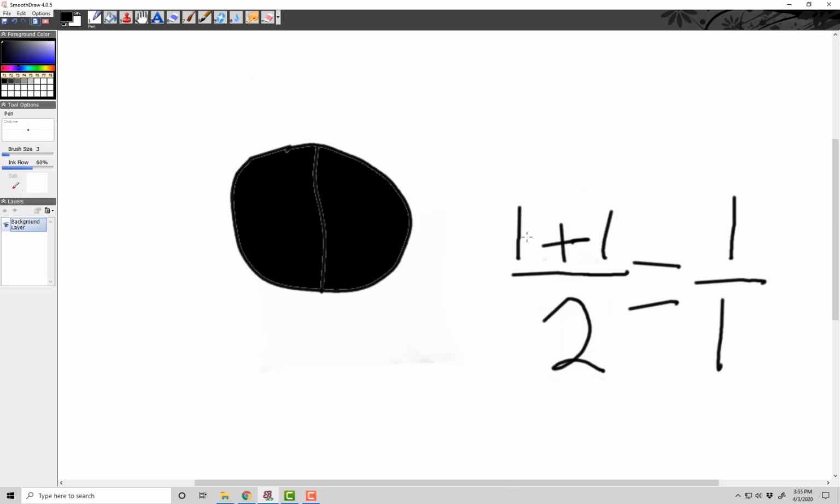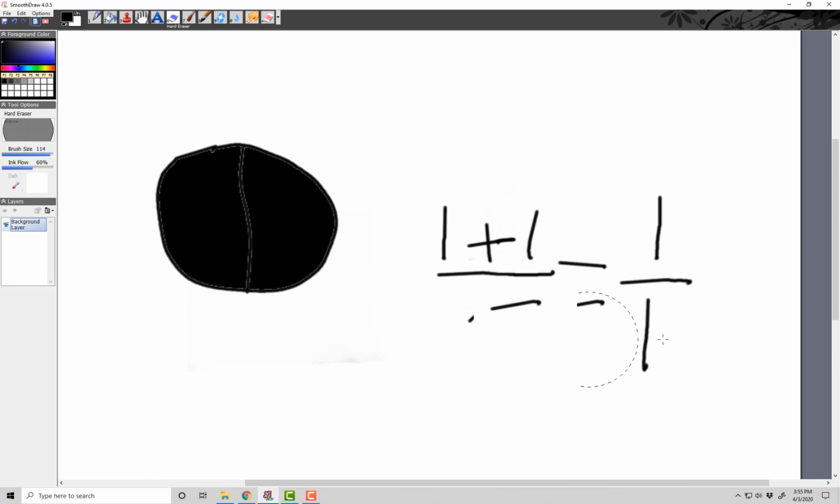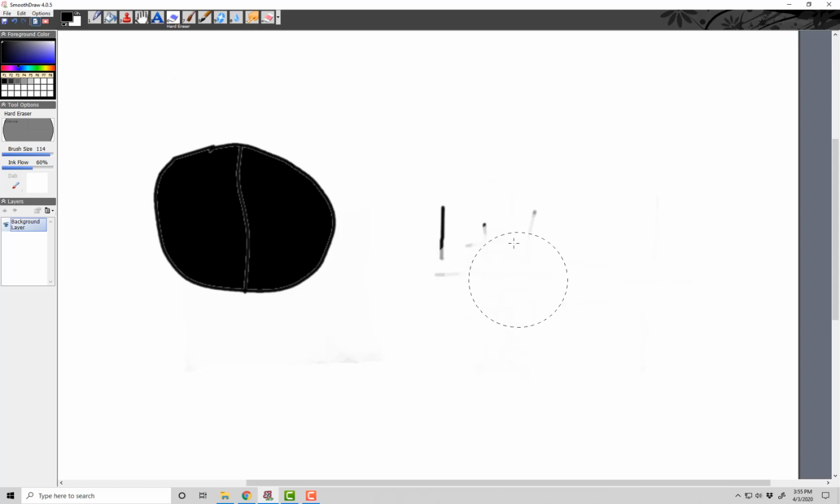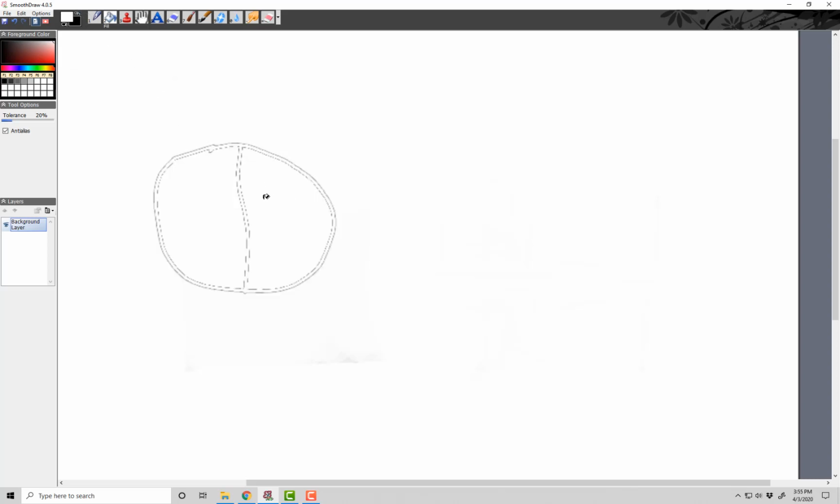So let's take this even further. Pretend that we are going to divide this into 3. Let's see if I can swap these colors. Oops. Okay, there we go.